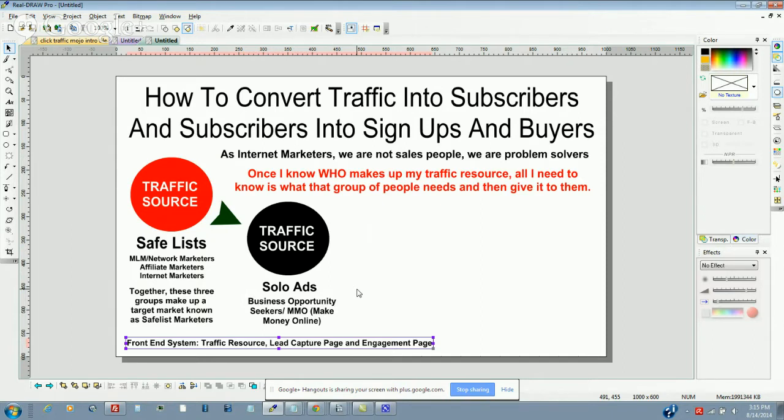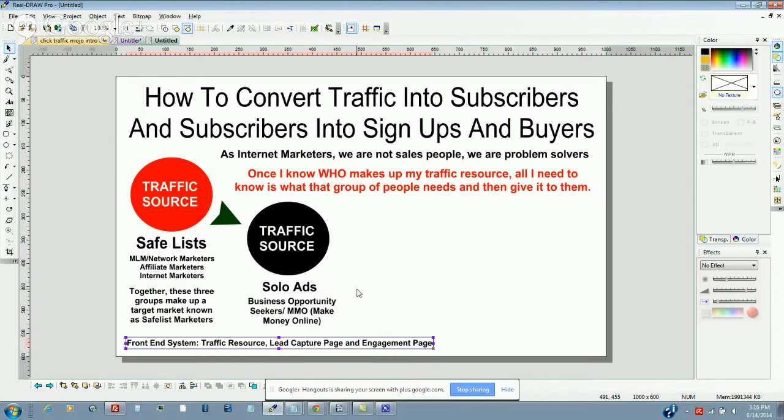Traffic is generated when people click on links, web addresses that are in an email or perhaps posted in a group on Facebook or in an ad in the news feed on Facebook or in an ad in the sidebar on Facebook. Anywhere someone is going to click and be redirected to a lead capture page, that's traffic.